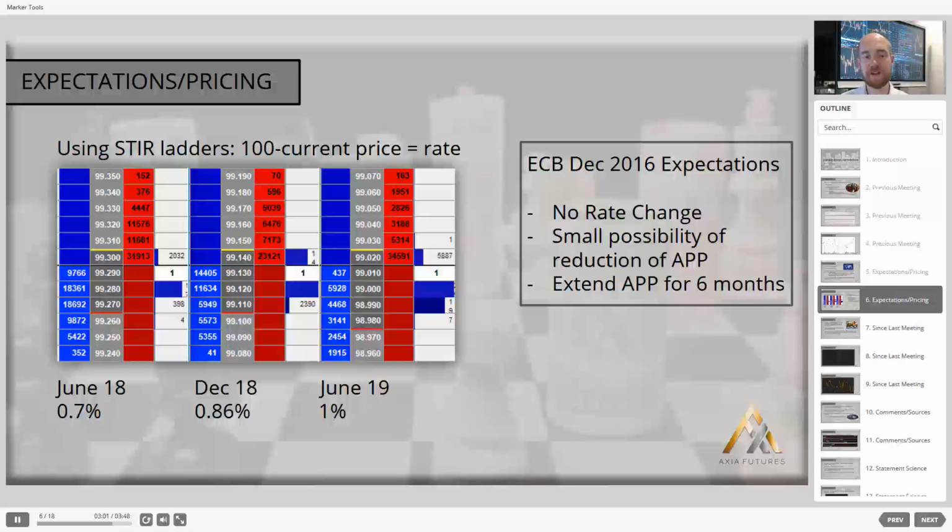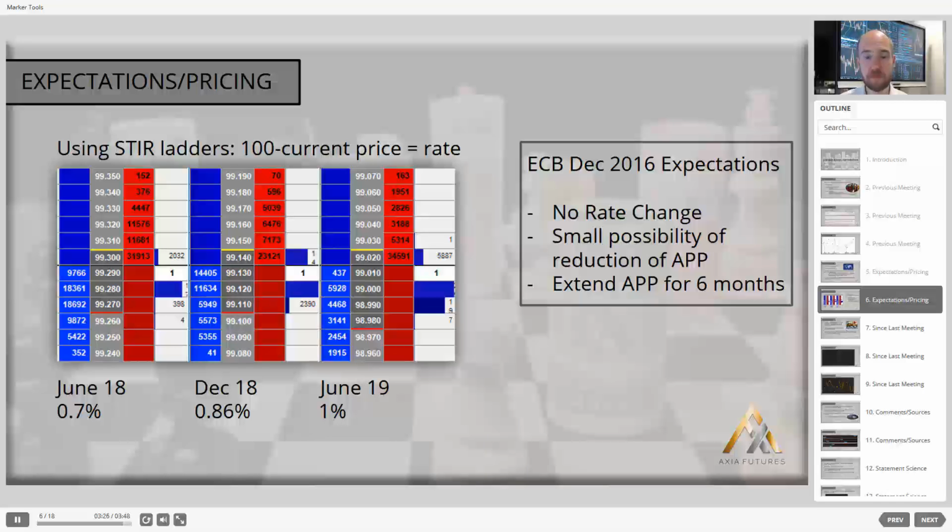So hopefully that's cleared up pricing in the short end, and that gives you a very clear indication of interest rates, or the expectation that the market currently has of interest rates going forward. Now going to our example of the ECB, looking at pricing and expectations for 2016, we had no pricing at all of a rate change.